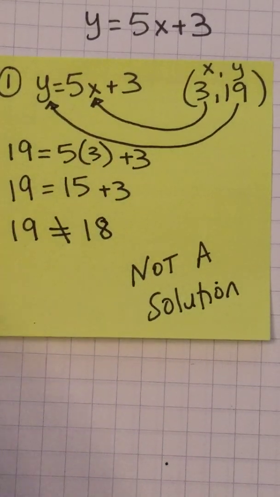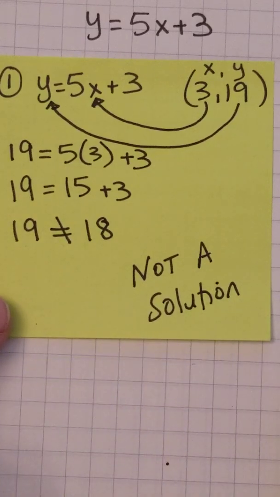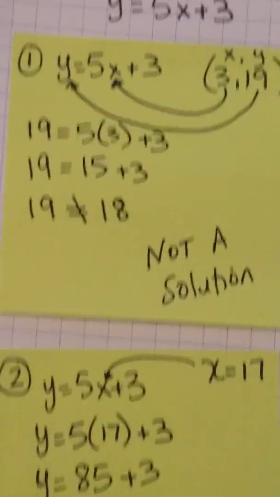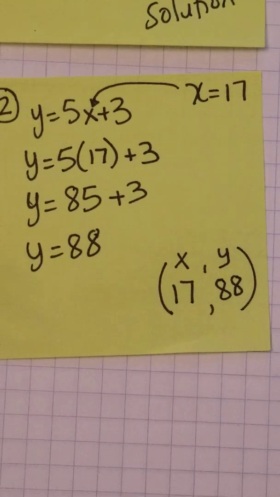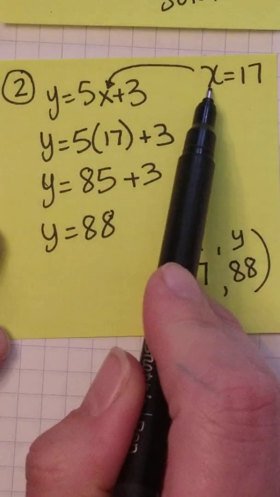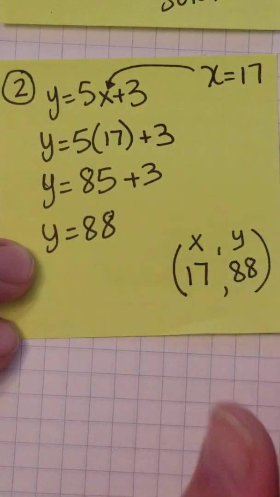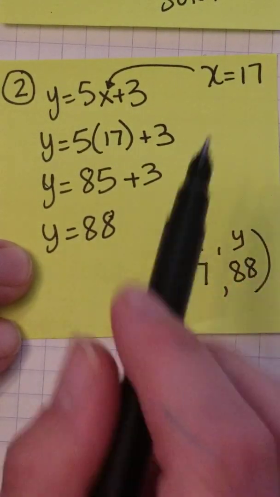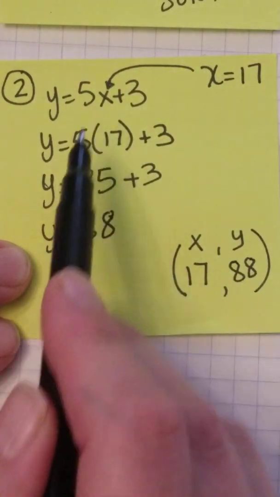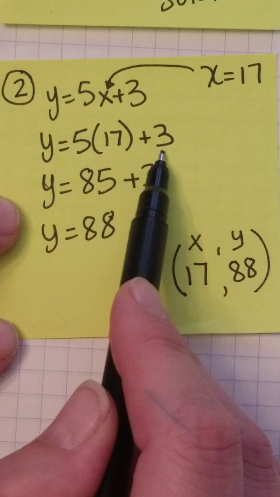For number 2, again, pause the video if you need to. For number 2, when x equals 17, what is y? Well, 17 is over here. I'm looking for what y is. I plug 17 into x, and I end up with y equals 5 times 17 plus 3.